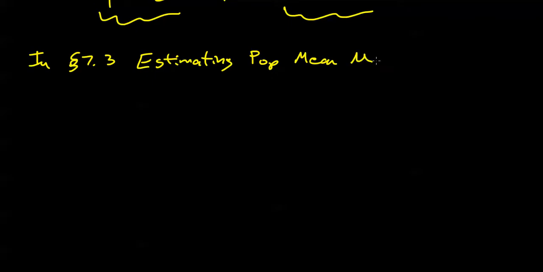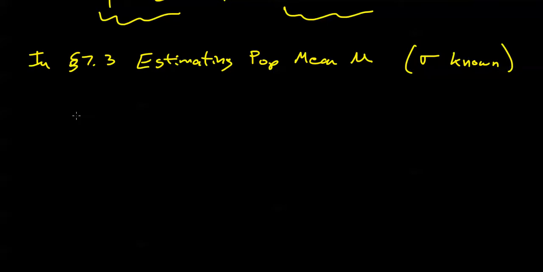In section 7.3, we're going to be estimating not a population proportion, but a population mean. Remember, the symbol for population mean is mu, and we're making this condition, which we'll talk more about when we tackle 7.4, that the population standard deviation is known. And we'll look at that in a couple of examples.